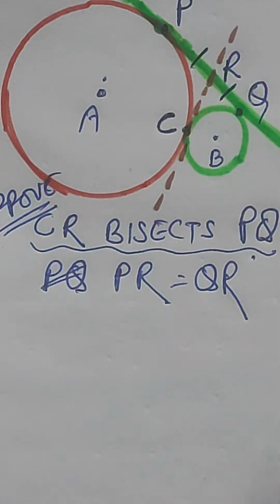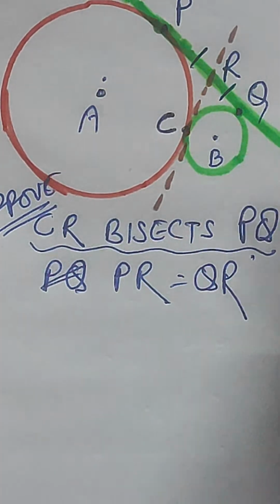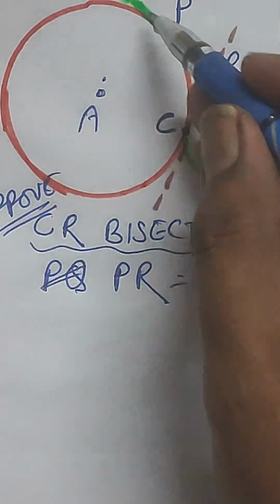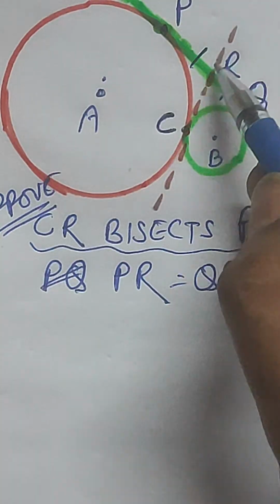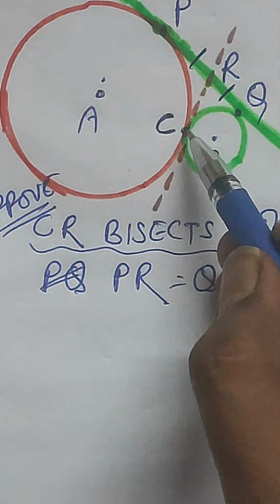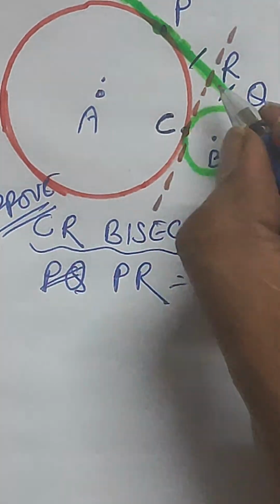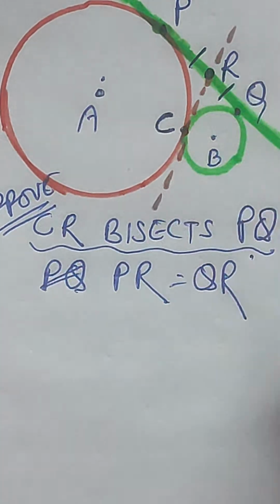To solve this question, let us understand the property of a tangent and how things will work here. Since CR is the tangent common to both the circles, R will be acting as an external point.